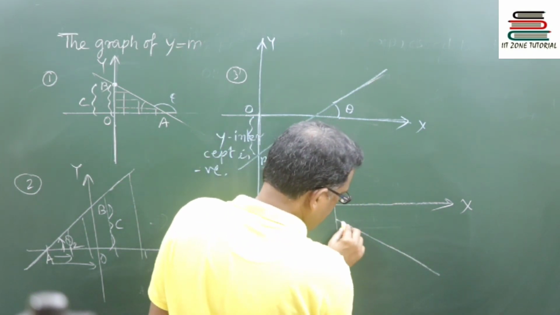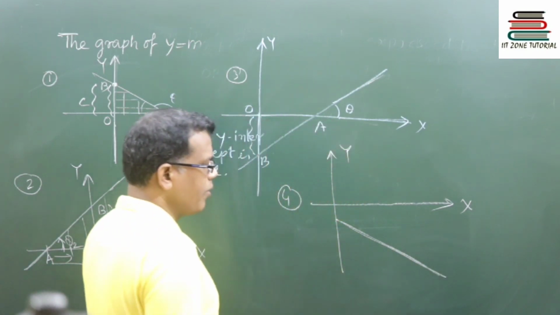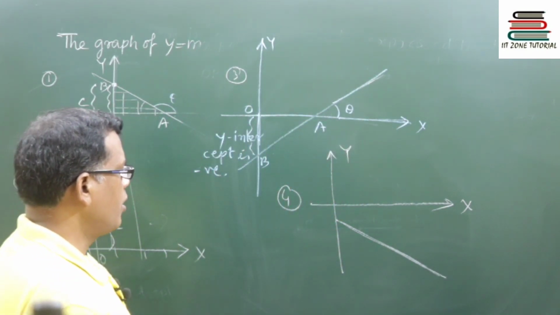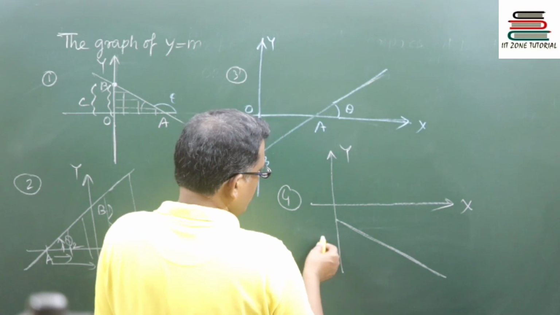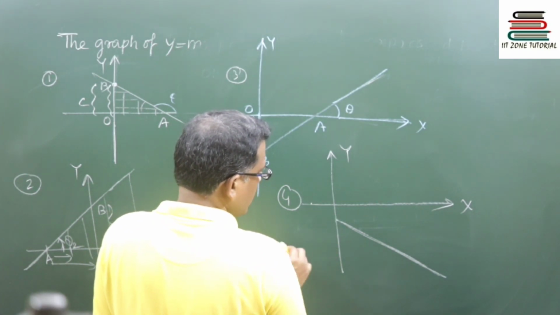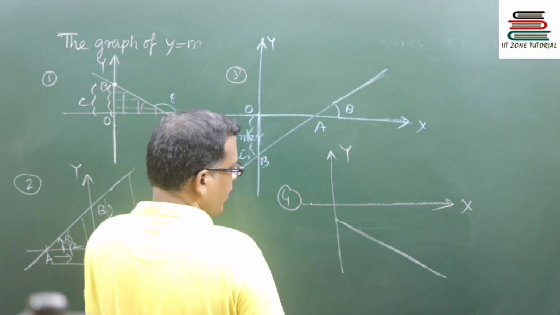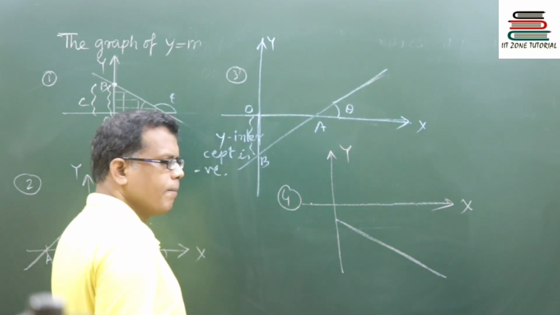If we draw this line, then what will you say about the slope and y-intercept? Can you tell me?